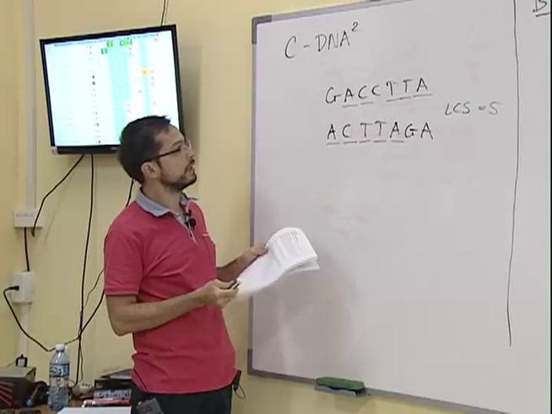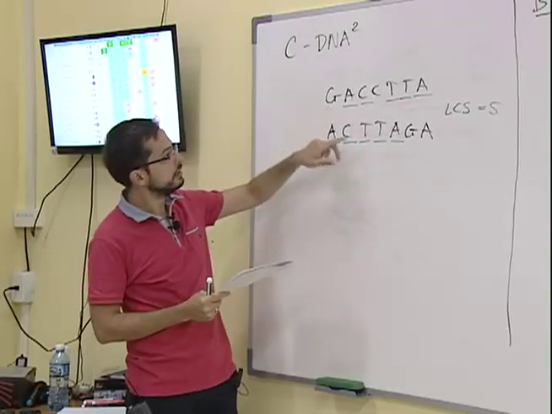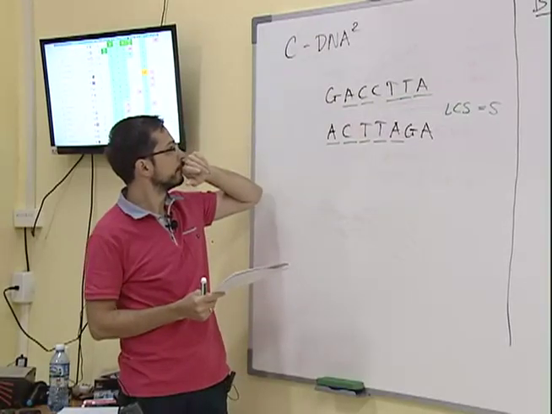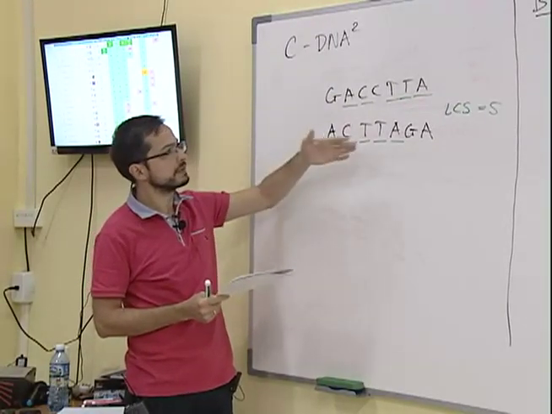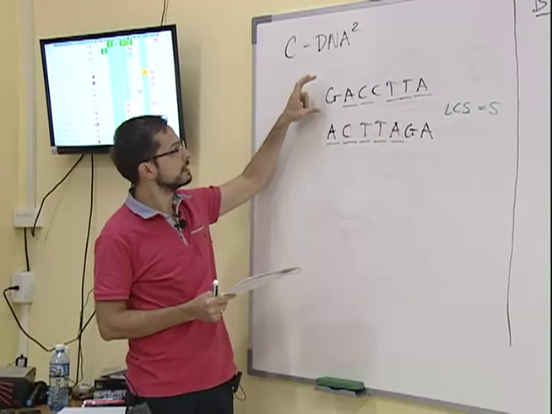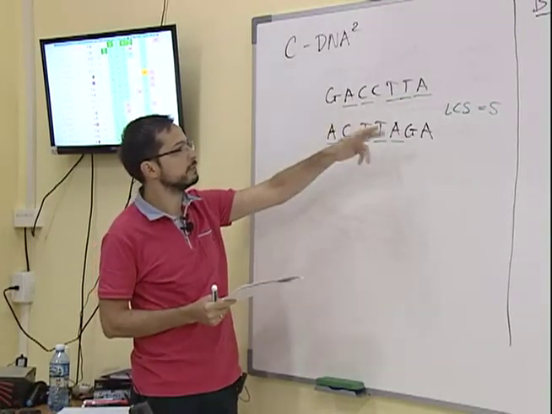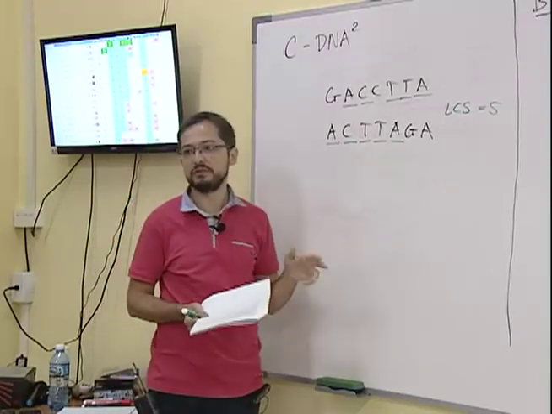I cannot do any longer because this G is here and this is C. This word was of length 7, and we have an LCS of length 5. So this is quite big.